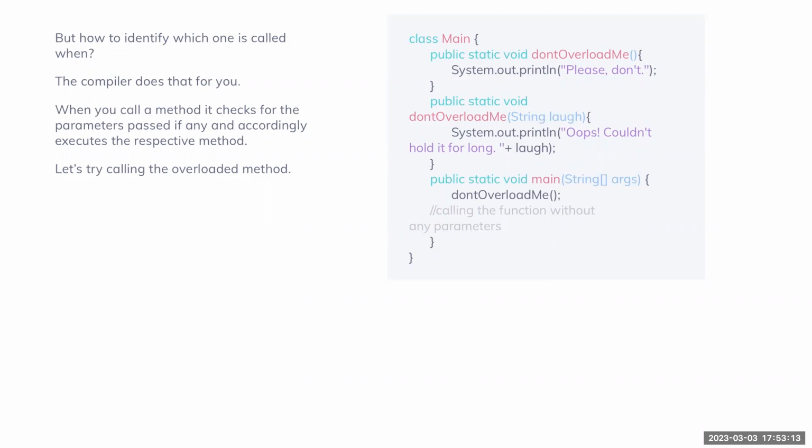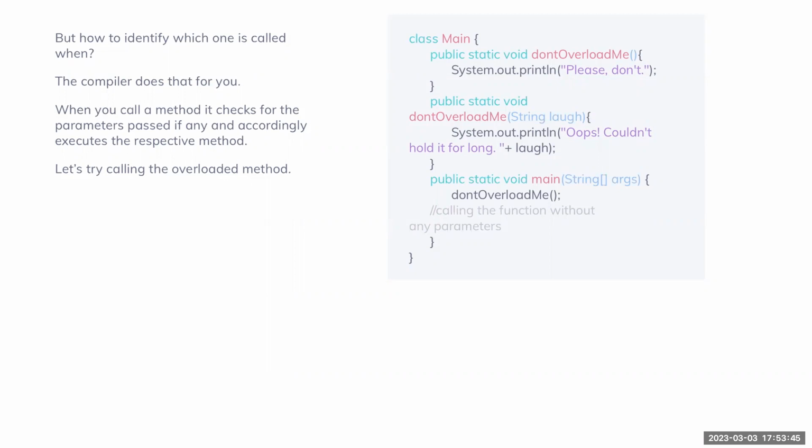The compiler will help you to understand the overloading concept; the compiler will take care of it. When you call a method, it checks the parameters passed in it, if any, and accordingly executes the respective method. So let us call one of the methods that we are trying to overload.